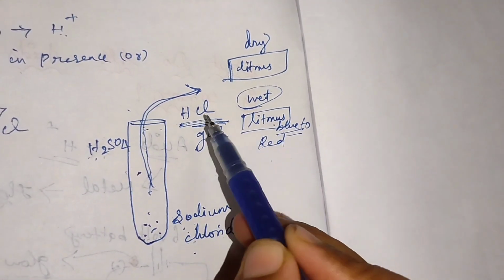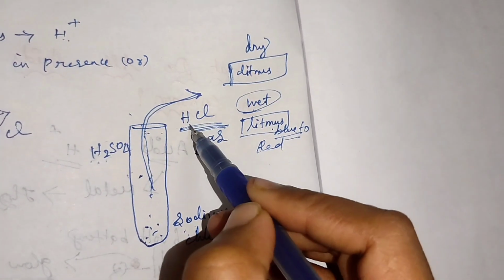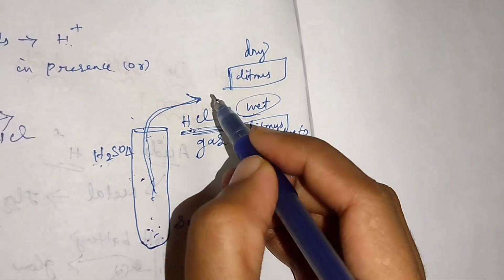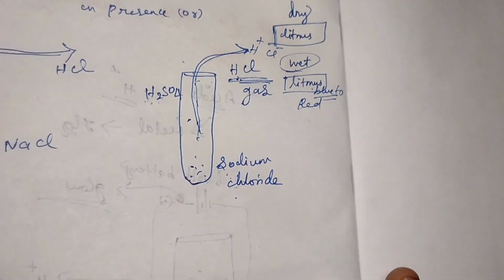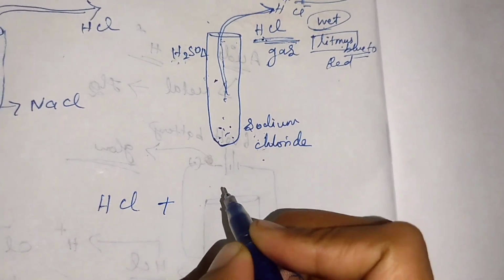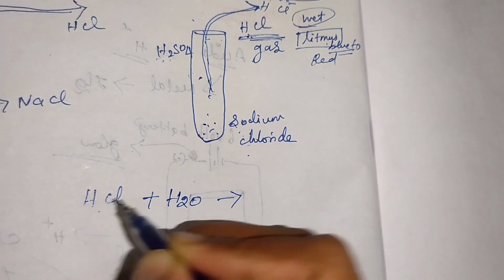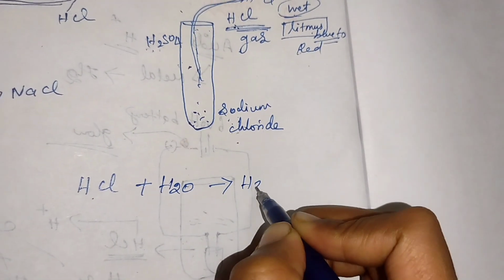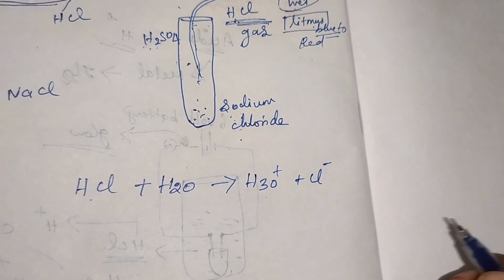So this HCl, in the presence of water only, separates into H plus and Cl minus. From this reaction, what are we understanding? That HCl reacts with water molecules and gives H3O plus and Cl minus, hydronium ions, H plus ions.